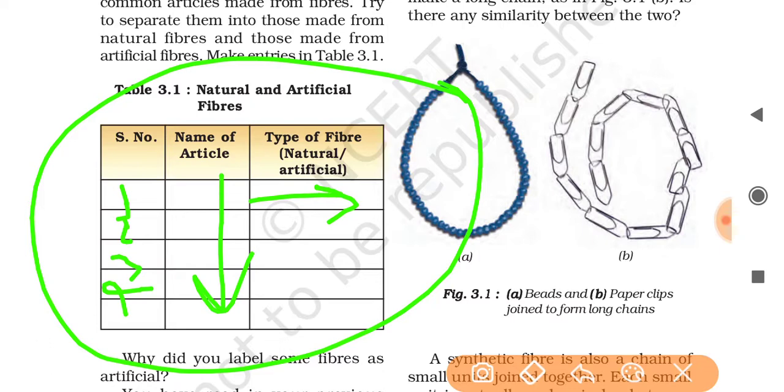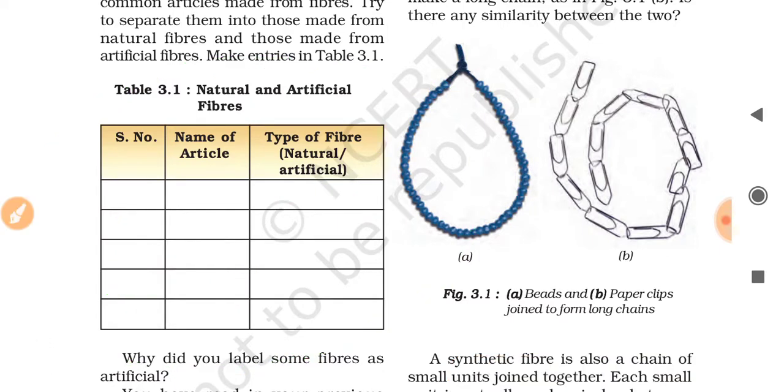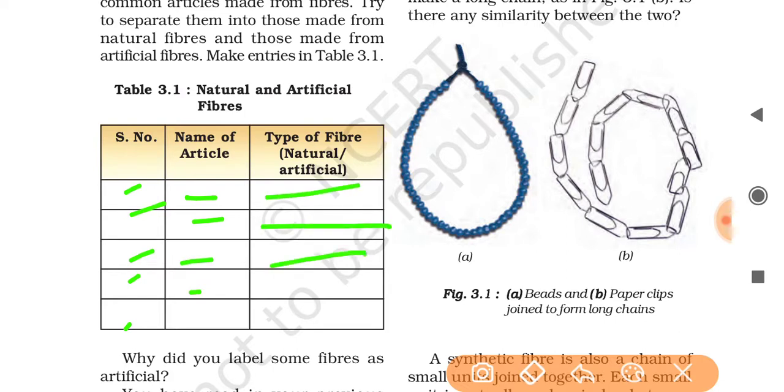Other examples are shoes or a shirt. Whatever articles are found in your home, make a list and write in this table, at least 5 articles. Write the name of the article and whether its fiber is natural or artificial.